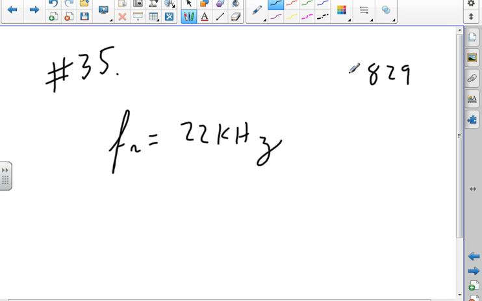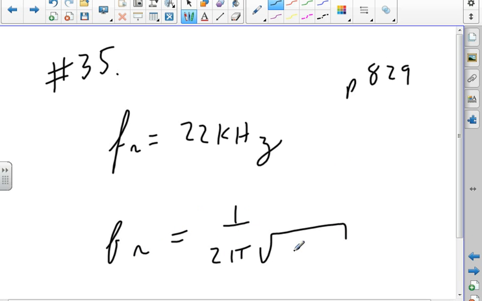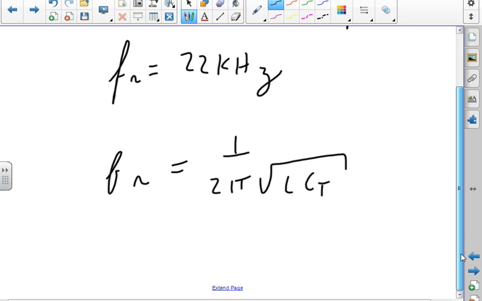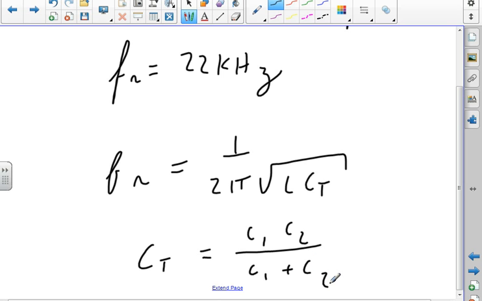So I'm looking at page 829, and I see that F sub R is 1 over 2 pi square root of L times the total capacitance, and the total capacitance is C1, C2 divided by C1 plus C2. Okay, so we come back to our original problem.